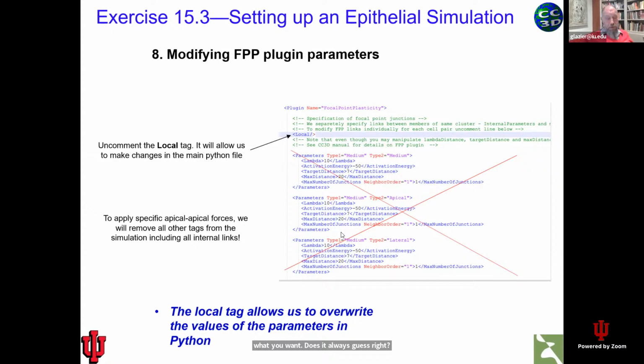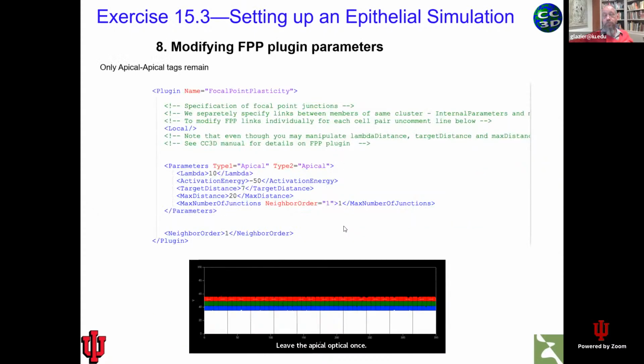Leave the apical ones, and then run that. And so now you should see something that looks like this, where you have horizontal links between some of the red cells. Does that work? Yes, no, maybe. Yeah, okay.